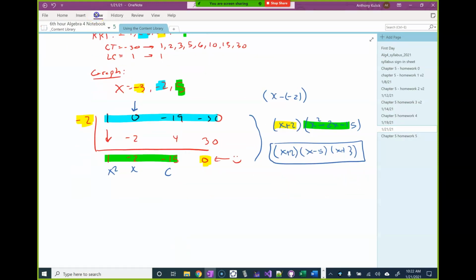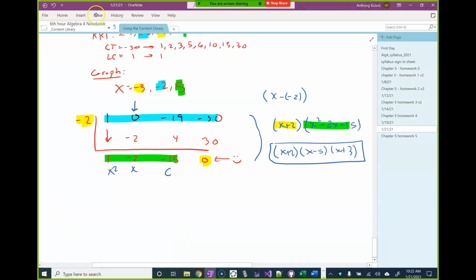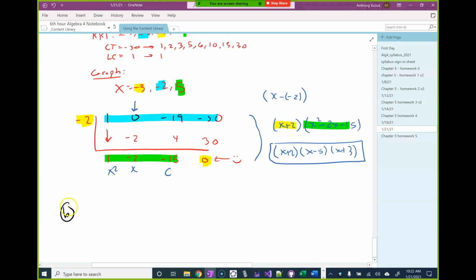What are my possible rational roots? It's going to be the factors of 24 divided by the factors of 1. So the factors of 24 are 1, 2, 3, 4, 6, 8, 12, and 24.